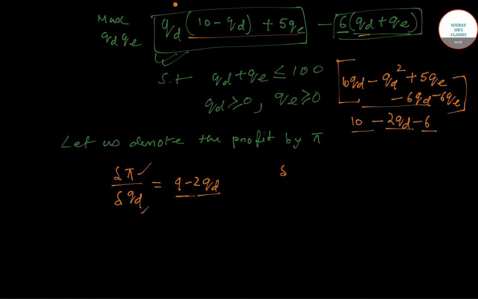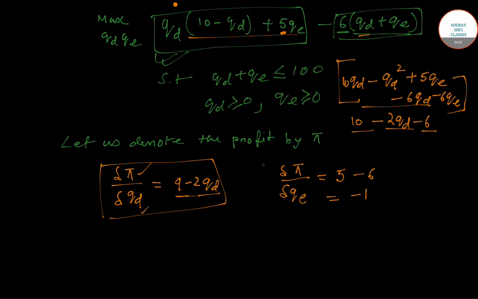Similarly, if you differentiate this profit function with respect to QE, from here you get 5, and from here you get minus 6. So the value will be equal to minus 1. So we have found both of these.